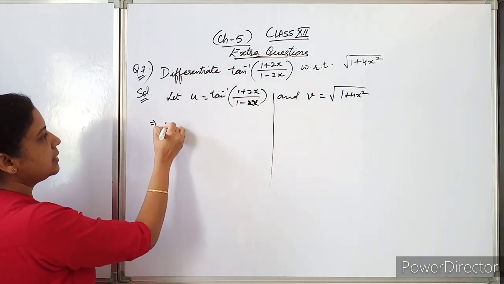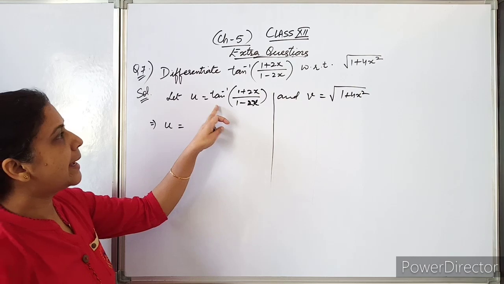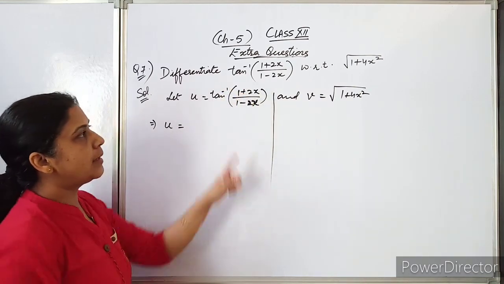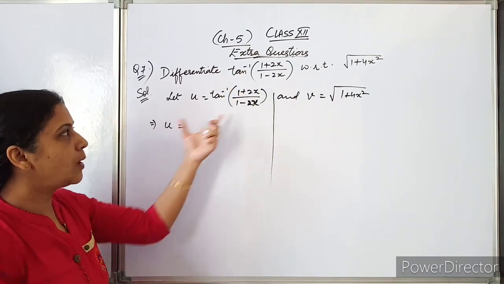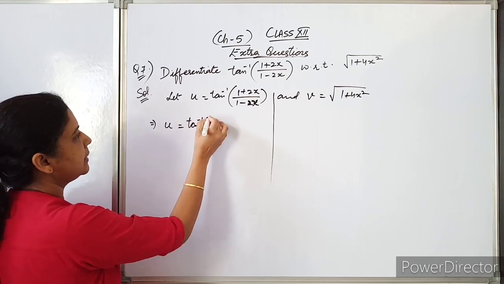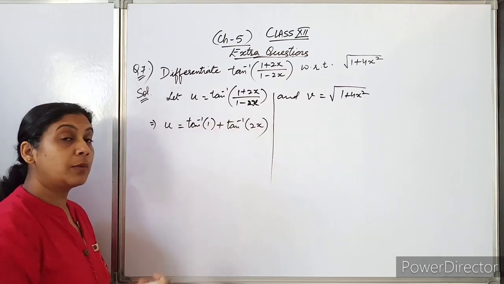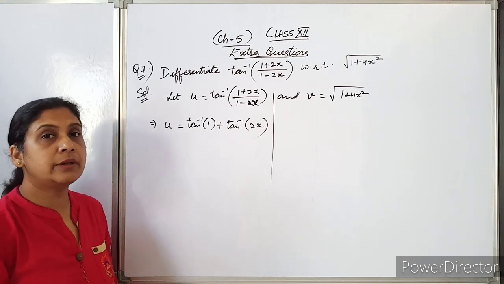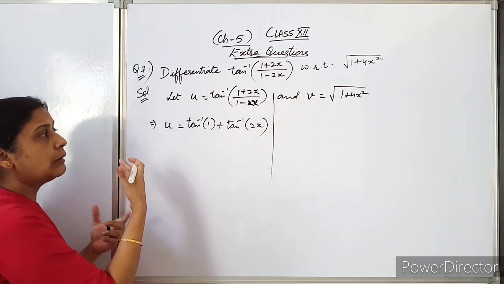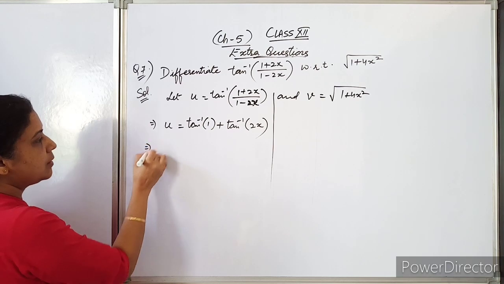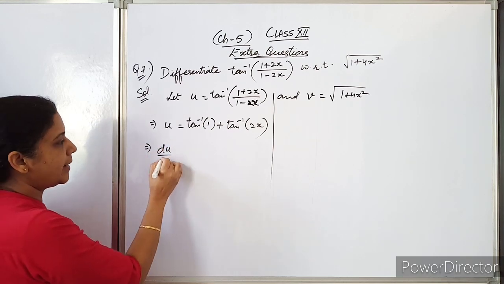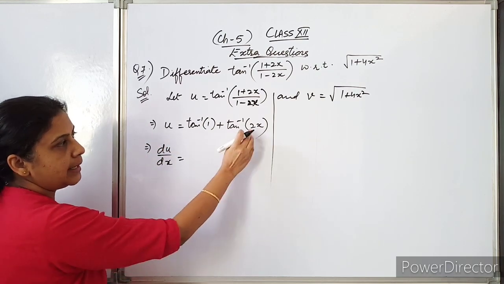Let's start with this function. U is equal to tan inverse 1 plus 2x upon 1 minus 2x. If you look carefully, it is nothing else but tan inverse 1 plus tan inverse 2x, with the help of the identity we have done in chapter 2, inverse trigonometric functions. It is a very simple function now which can be differentiated with respect to x because the variable is going as x.